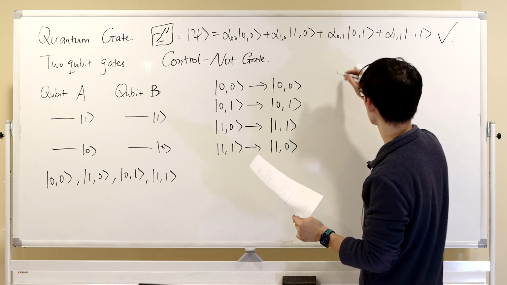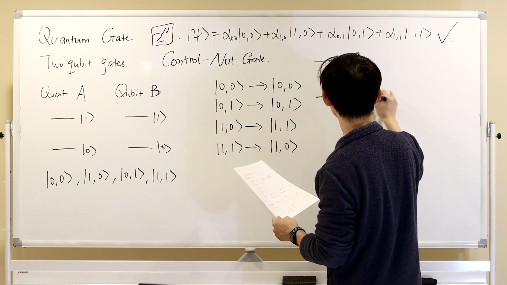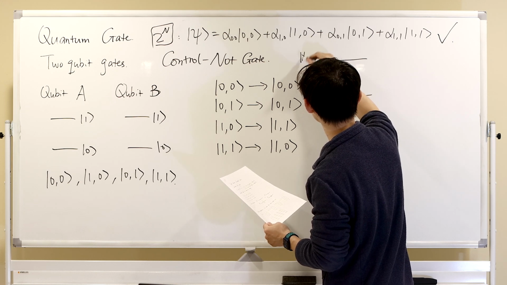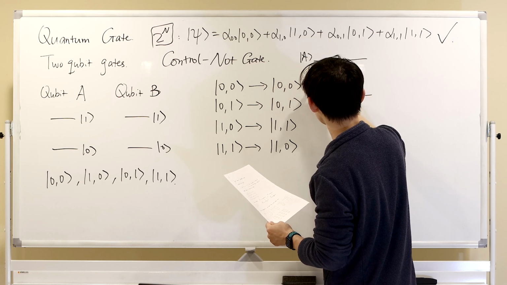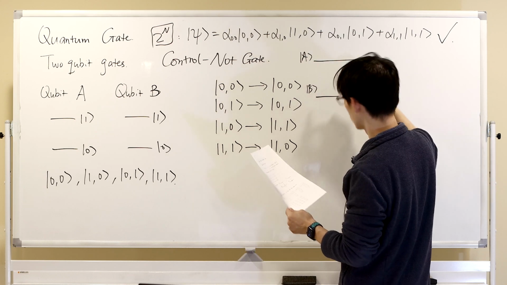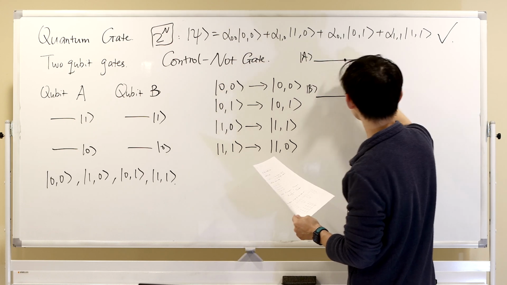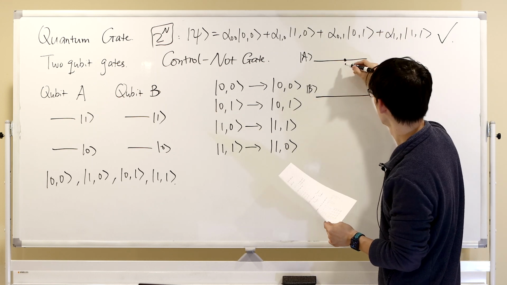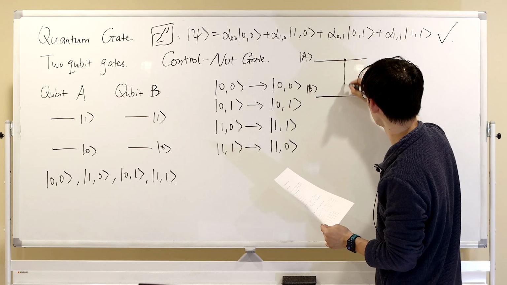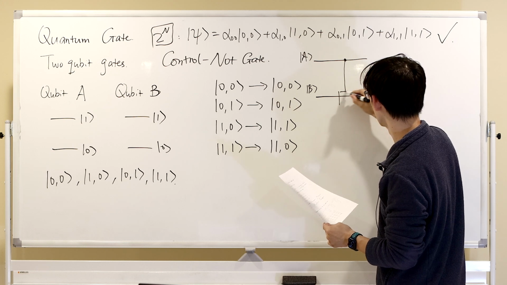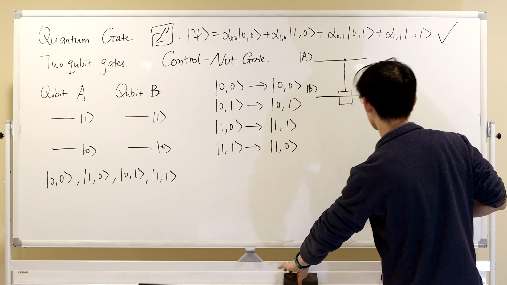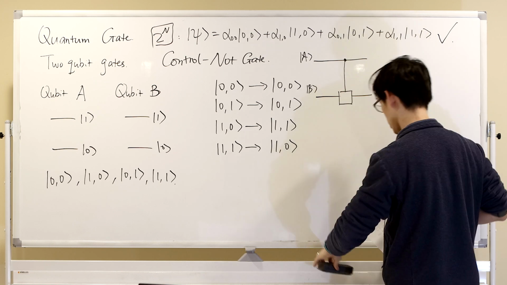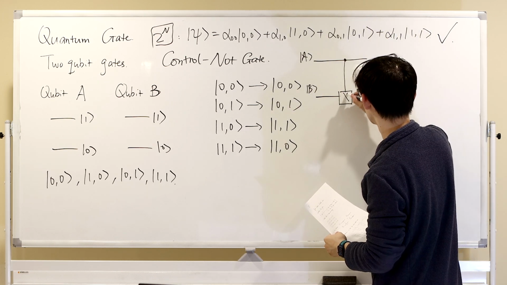The less confusing way to write it is: if this is your first qubit and this is your second qubit, and you use the first qubit as control, you put a solid dot here, then draw a line to the qubit you control, B, and draw a box indicating there's a gate here, and the gate is X.